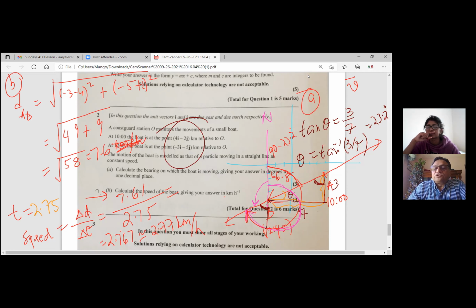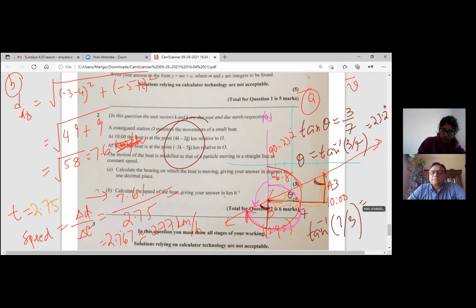So find this, do tan inverse of 7/3. 66.8. Add 180. 246.8. So which method did you find simpler? This is simpler, right? Correct.